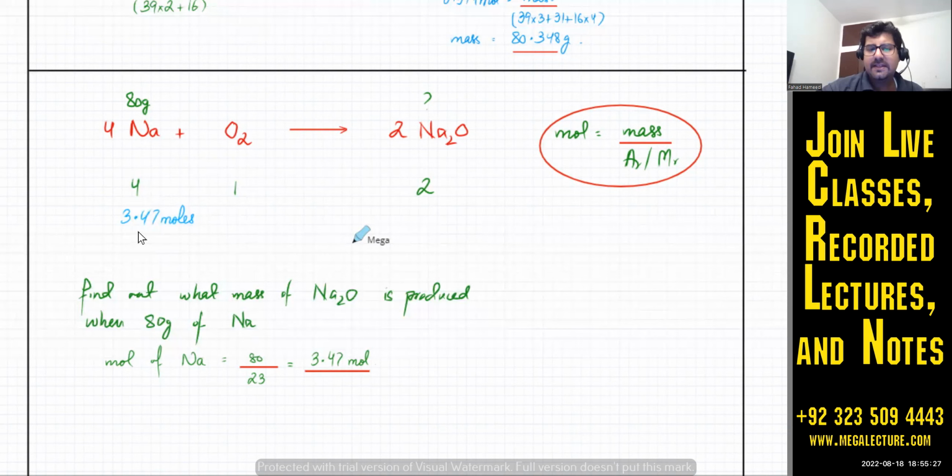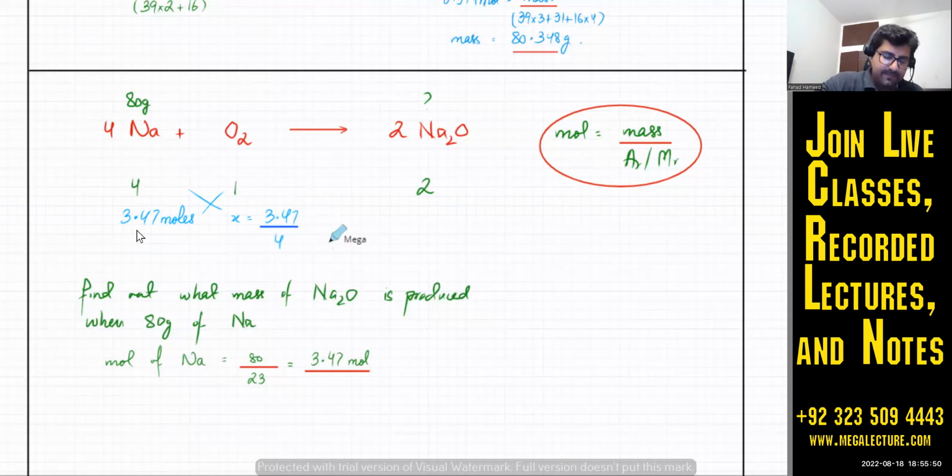So वो मैंने क्या बताया था तरीका? It was you can either do the whole crisscross thing, like put x over here, do the whole crisscross. X will come out to be 3.47 divided by 4. Okay, so it's going to come out to be 3.47, and that's going to be divided by 4.